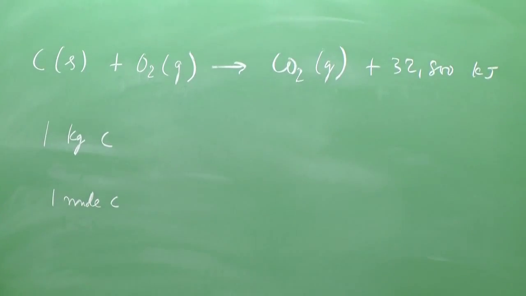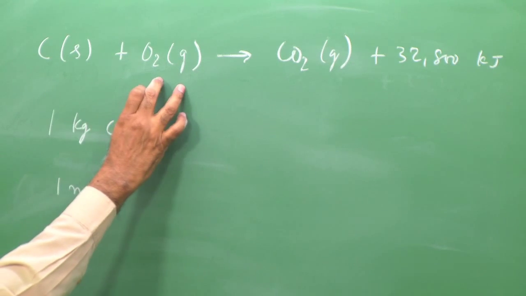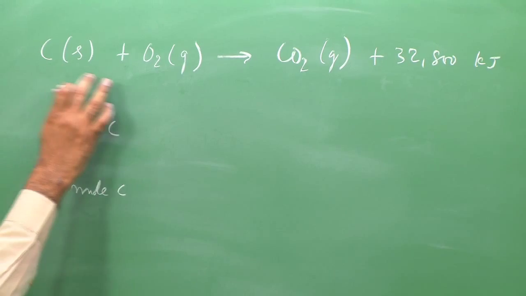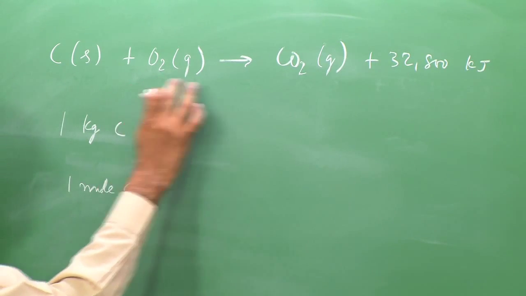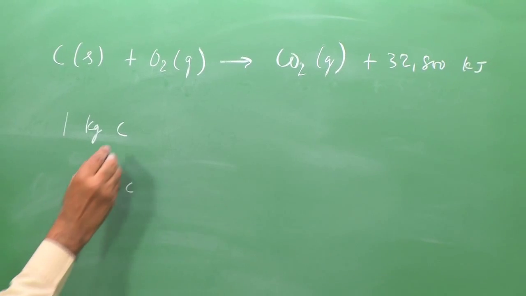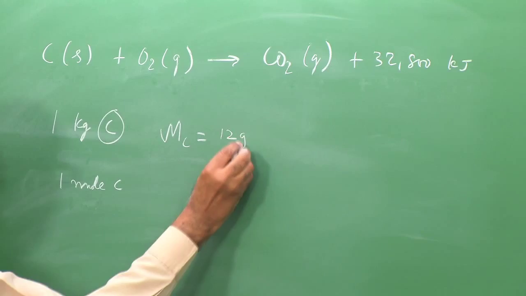Now if instead I say 1 mole of carbon is burned with oxygen, according to this reaction 1 mole of solid carbon reacts with 1 mole of oxygen to form 1 mole of carbon dioxide. I know the molecular mass of carbon is 12 grams per mole.